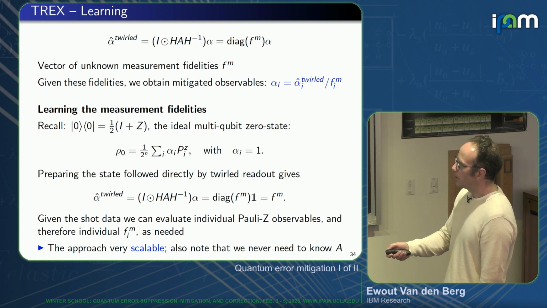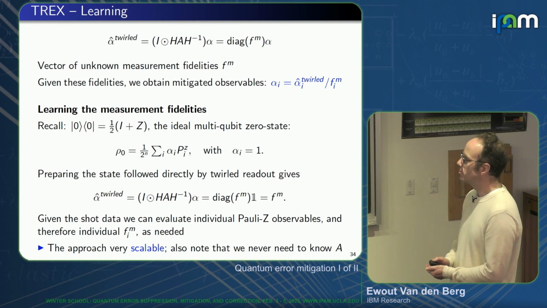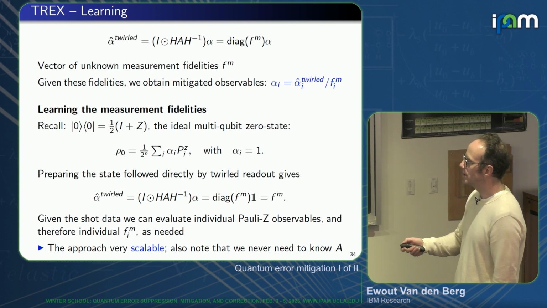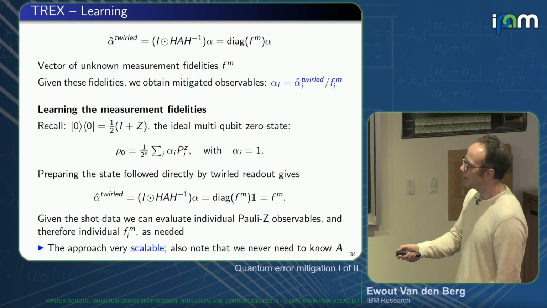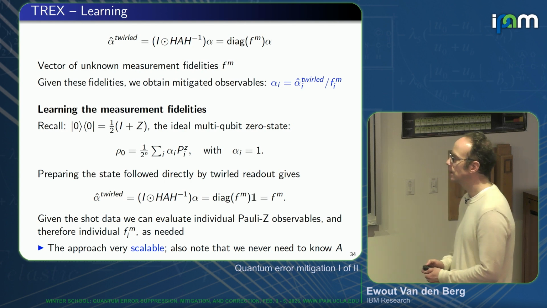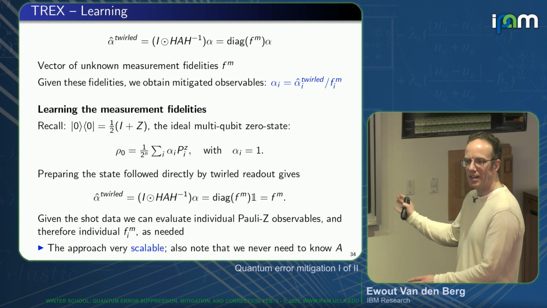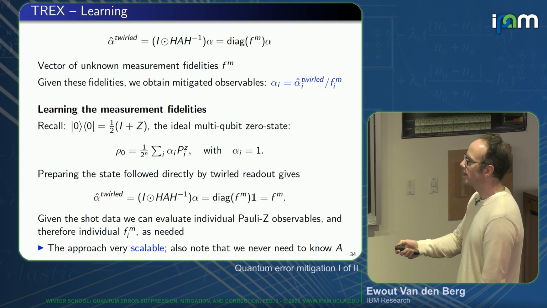So if you prepare the state and then follow it by the twirled readout, then you get exactly your measurement fidelity. So you just prepare zero and start measuring, and that's how you estimate.